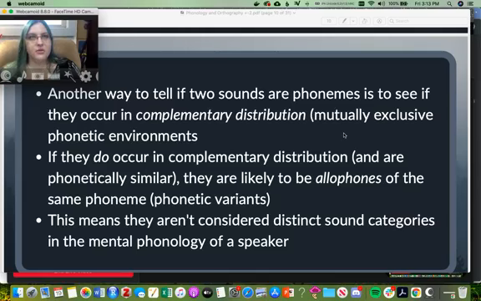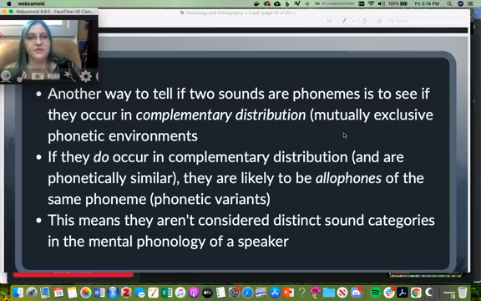For example, if you always saw T at the beginning of a word and nowhere else, and you always saw D not at the beginning of a word, then it would mean that they're in complementary distribution. They're found in mutually exclusive environments. So if they occur in complementary distribution and they're phonetically similar, then it's likely that these are actually allophones of the same phoneme.